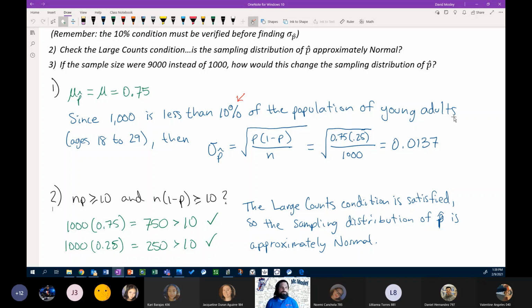And we've answered question number 2. It's important that you say the sampling distribution of p hat is approximately normal and not that p hat is approximately normal, because p hat is just a single value from one sample. The distribution of these values is approximately normal.